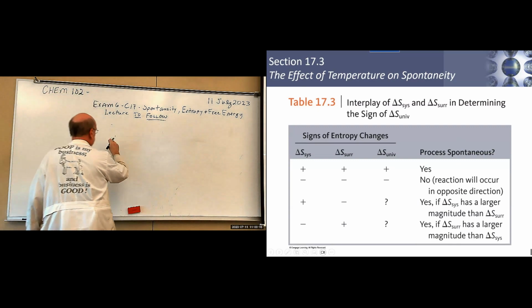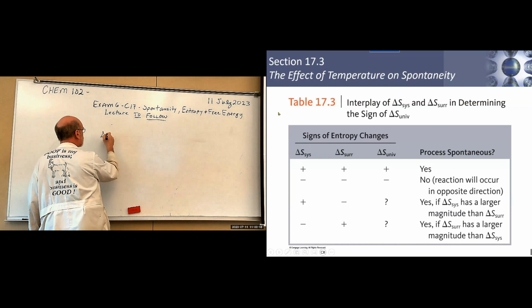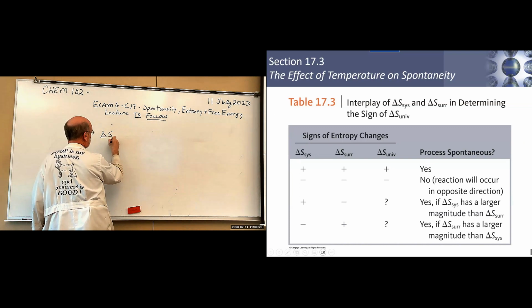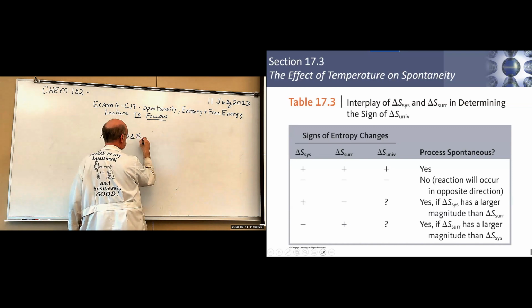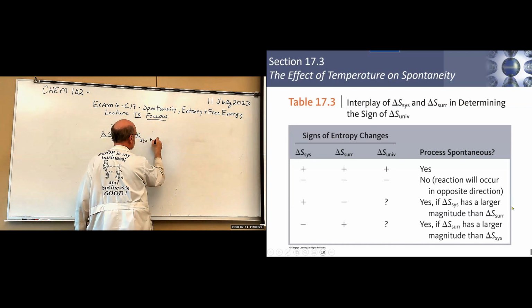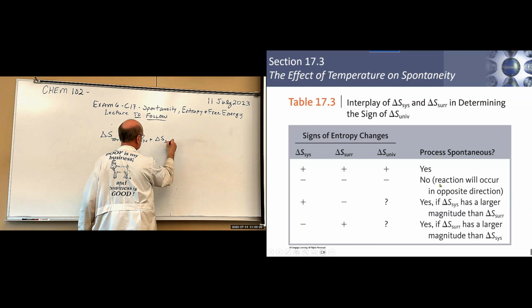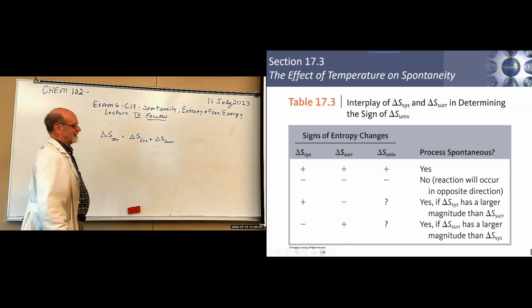So remember the previous expression for the total entropy. It's equal to the change in entropy for the system plus the change in entropy for the surroundings. Right?